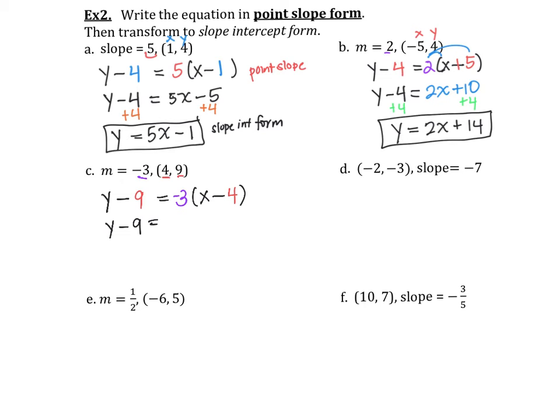I'm going to distribute, but be careful, it's a negative 3. Negative 3x, minus 3 times minus 4 cancels to plus. 3 times 4 is 12. 12 plus 9 is 21. So y equals negative 3x plus 21 is my slope-intercept form.